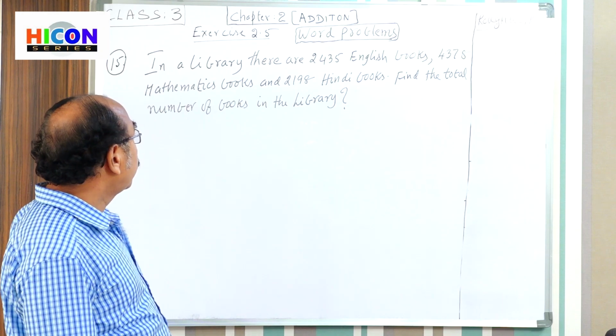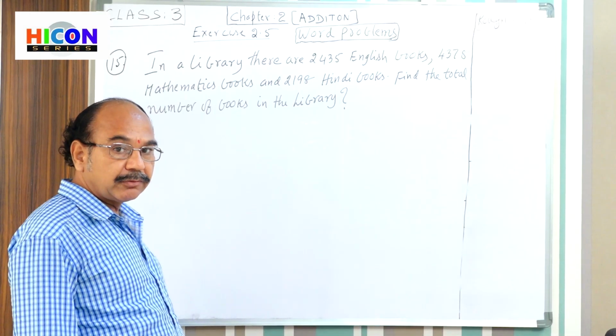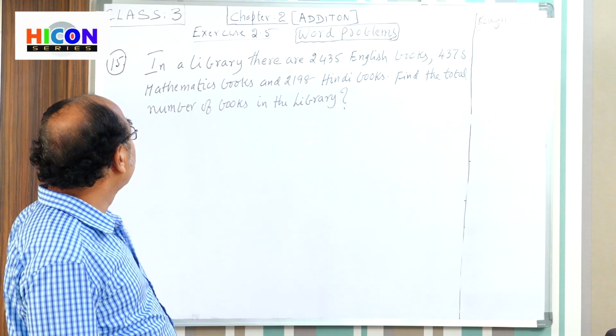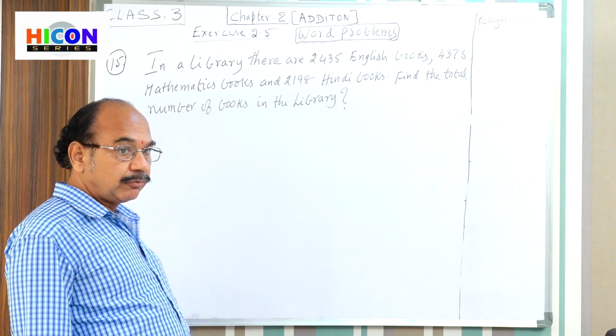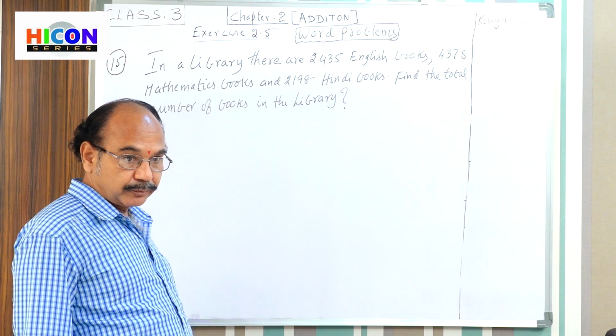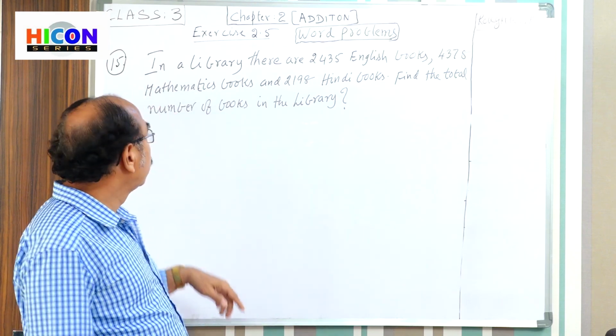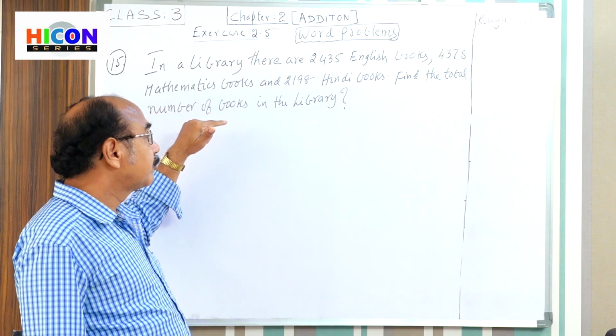Children, now in the statement problems or word problems, any word we can use, statement or word, in these sums, now we study one more problem. 15th problem. What is the 15th problem?